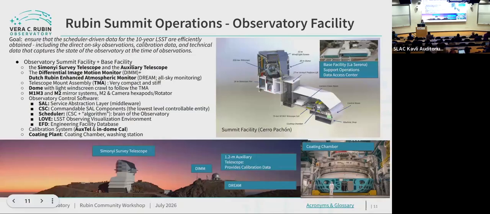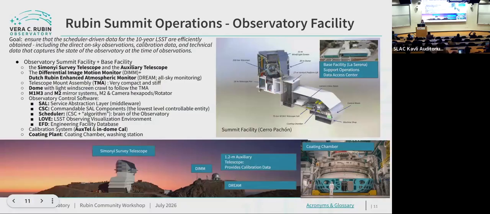At the observatory summit facility, we have the Simonyi Survey Telescope, and we also have the auxiliary telescope. On the calibration hill, in the bottom picture, there's another hill in front of our Simonyi Survey Telescope. Together with the auxiliary telescope, there is DIMM, the differential image motion monitor, which is for the seeing measurement.